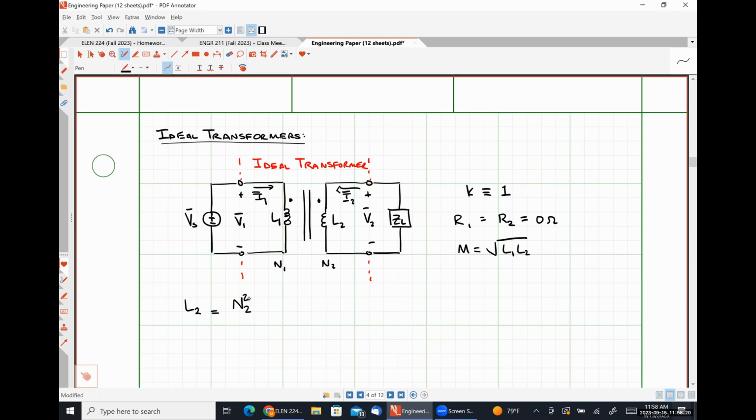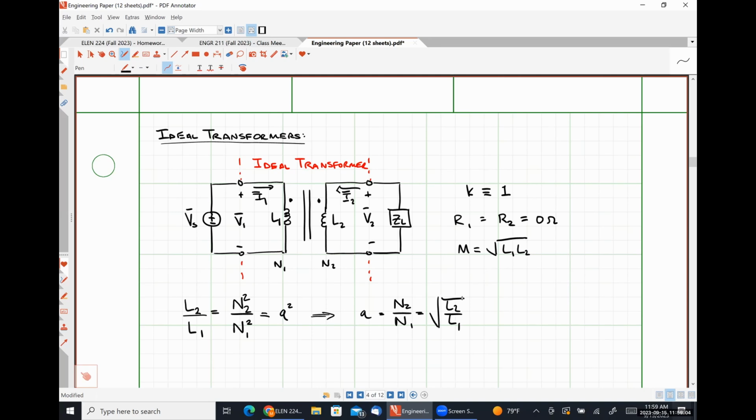Which if we have a solenoidal coil, the self-inductance of coil 1 should be proportional to the number of turns in coil 1 squared. So A is the number of turns in coil 2 divided by the number of turns in coil 1, and that will be the same thing as the square root of L2 over L1.